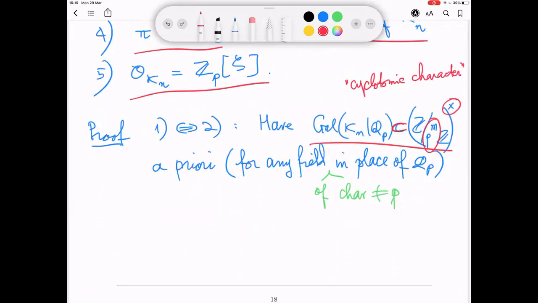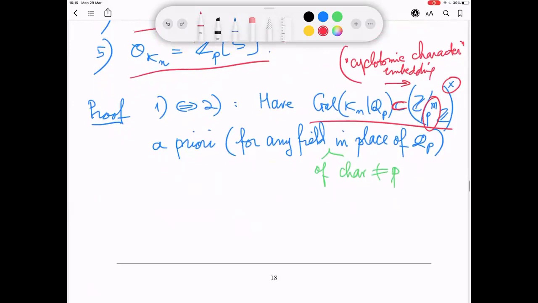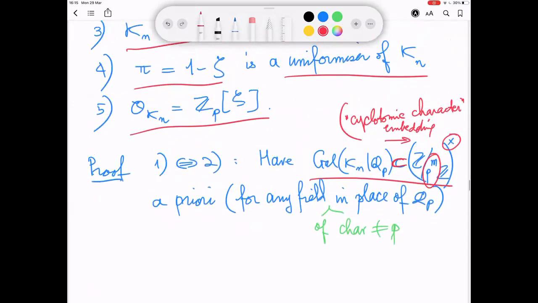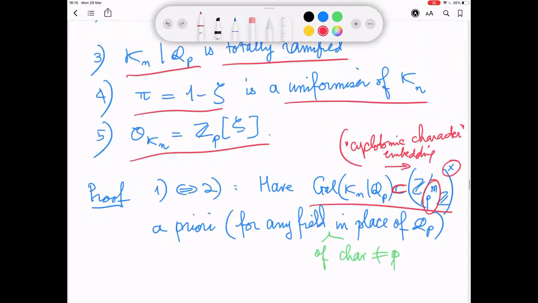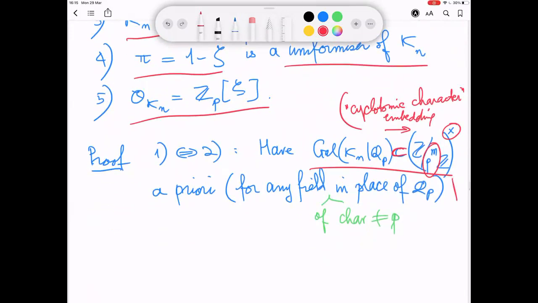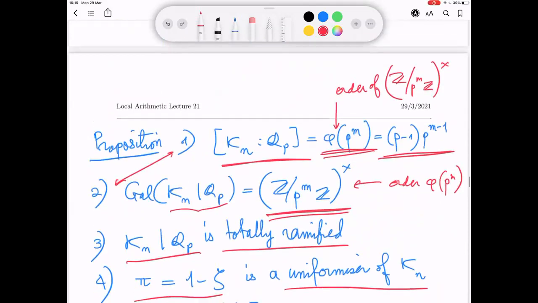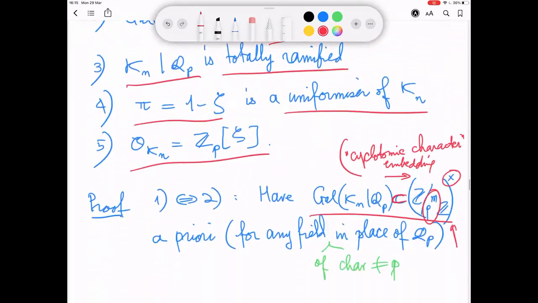It gives you an embedding of this Galois group into this, right? So the degree is going to be equal to phi(p^m) if and only if the Galois group is equal to the whole thing, because these two are equal, right? So you're going to have equality here if and only if you have equality here. So that's a small observation.